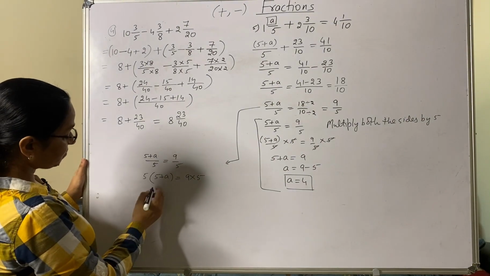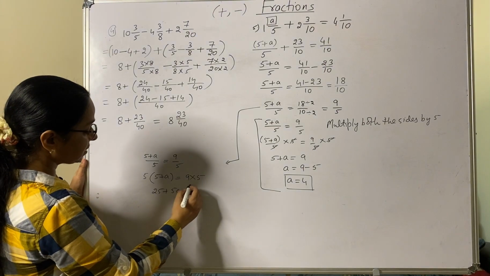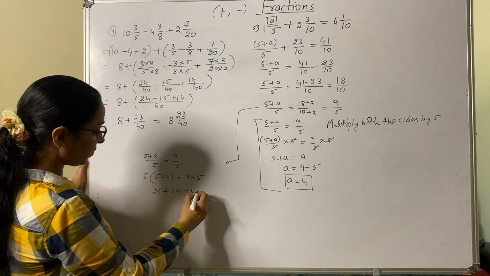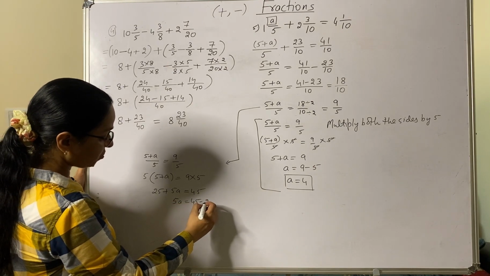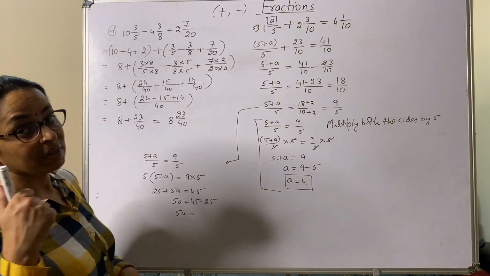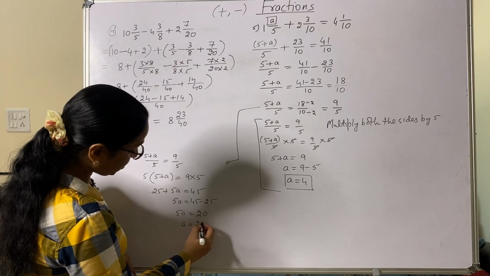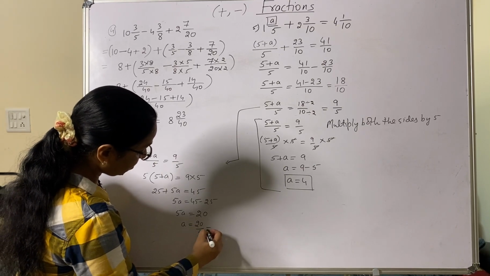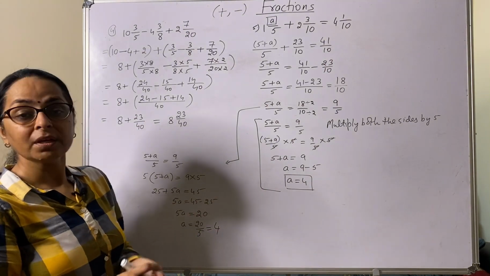So 5 times 5 is 25 plus 5a equals 9 5s are 45. So 5a is 45 minus 25, which is 20. And my a is what? 20 over 5, which is 4. Exactly the same. Got it?